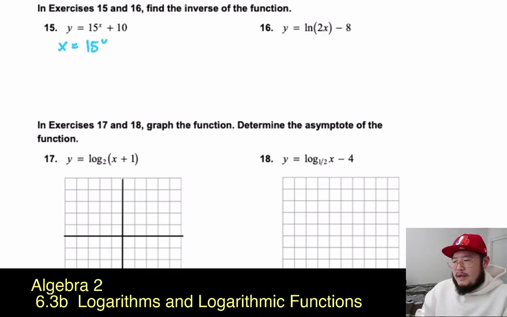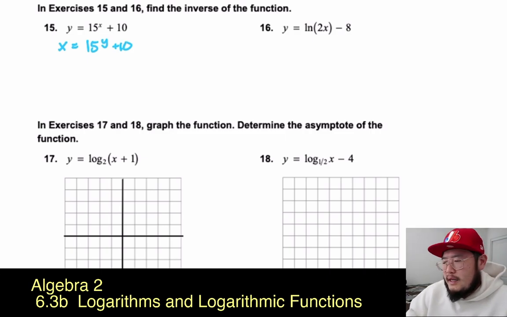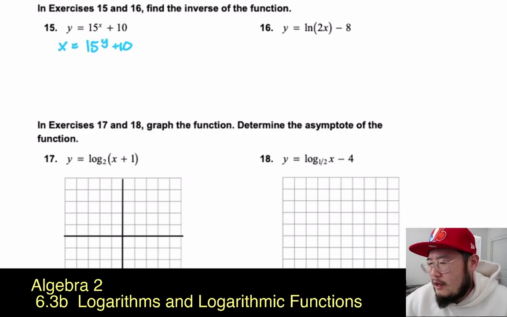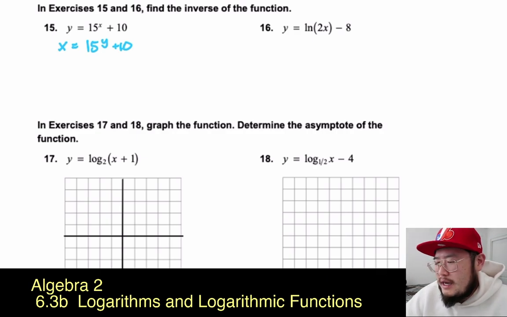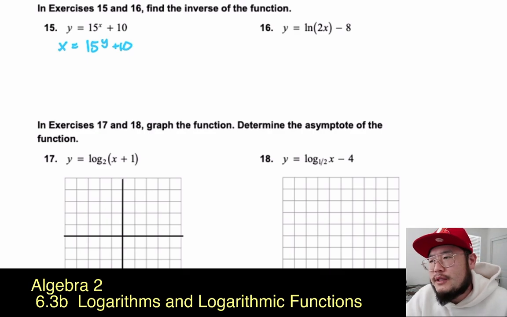And I want to go ahead now and solve things out. Let's start off. We'll move the 10 over to the other side, so we'll have to subtract 10 from both sides. And so we have x minus 10 is equal to 15 to the y power.